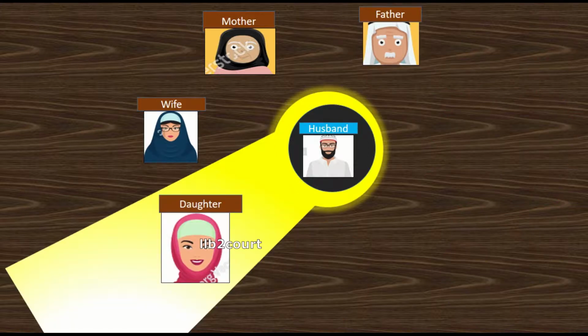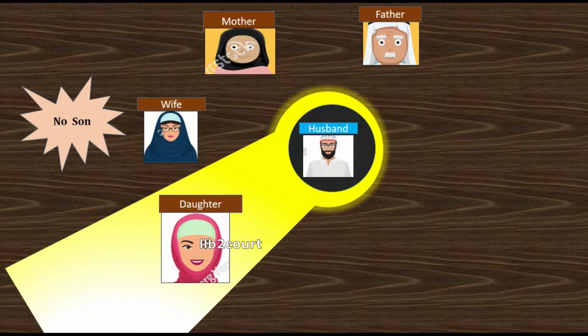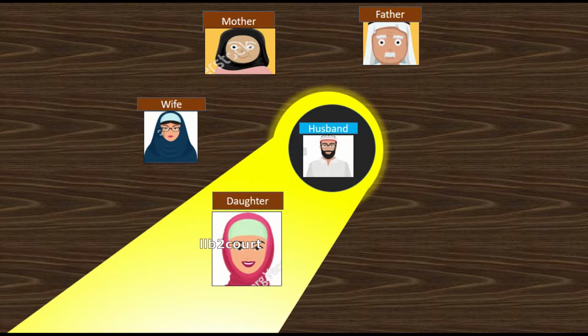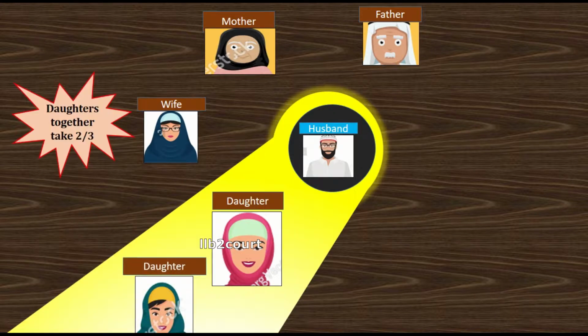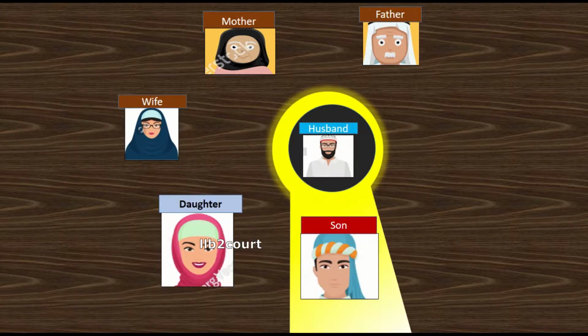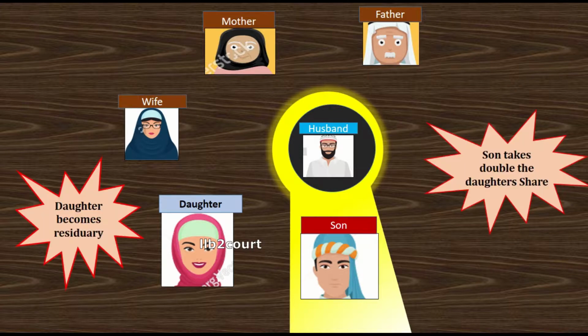Next is the daughter. If there is no son and only one daughter, then half of the property is going to the daughter. If there are two daughters, both daughters together will take 2 by 3. See, together they will take 2 by 3, not each will take 2 by 3. If there is a son, the daughter will become the residuary.